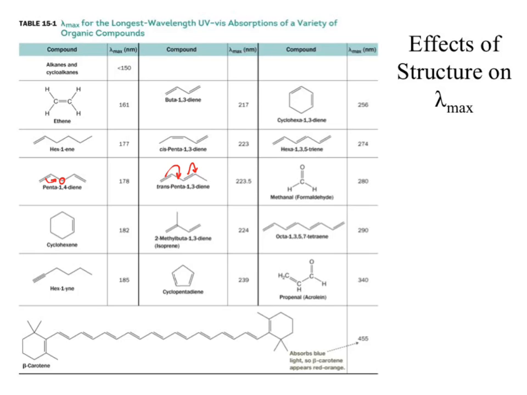Why? What happens to the energy of the double bond as we increase resonance? What happens to the energy of a double bond when we have resonance? Decreases. It decreases. What would happen to a wavelength at low energy? It increases. And there's our patterning. Okay.